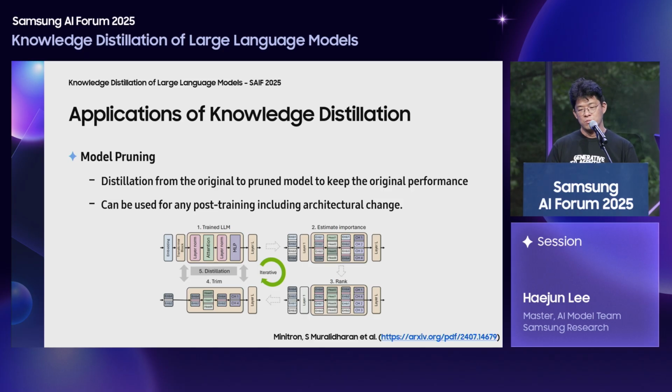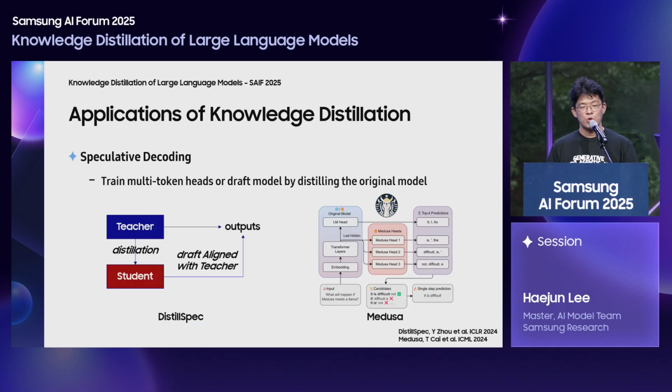And after pruning a model, KD was used to improve the performance of the pruned model. For the Minitron model, after pruning, the model architecture changed, therefore the performance could decline. So it's important to have the same level of output as the original model, and knowledge distillation can provide the additional training.